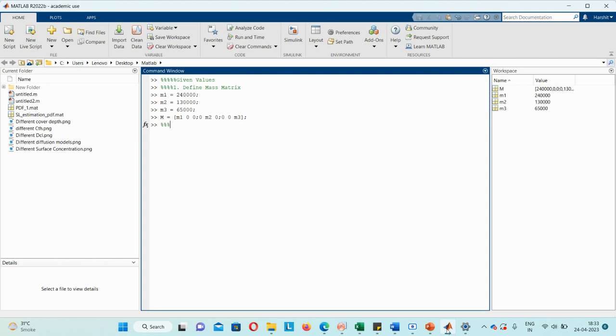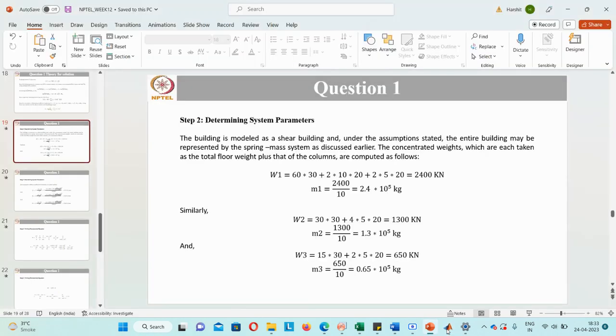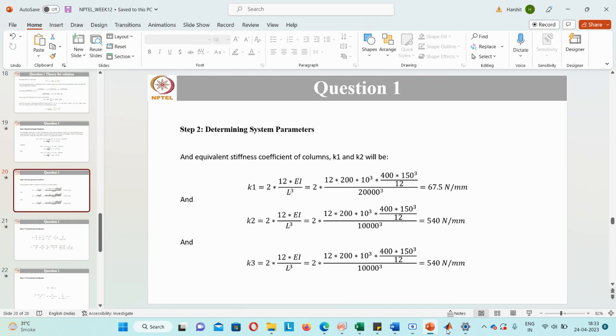Now we will define the stiffness matrix. For this also we'll define K1, K2 and K3 and then we'll write the matrix equation. So K1 is given by 67.5 Newton per millimeter. We need to convert all the units to the same order, so we will convert it into Newton per meter.